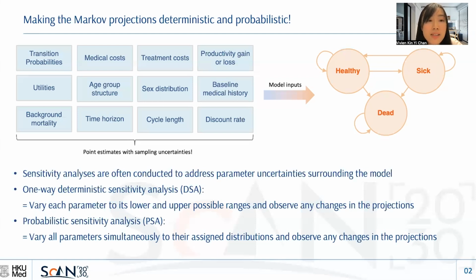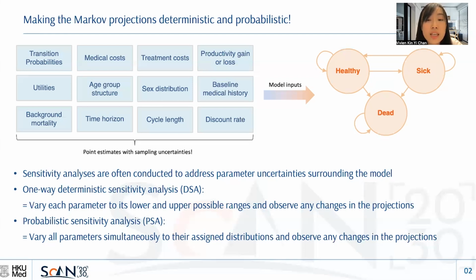A DSA means that we vary each input parameter to its lower and upper ranges, such as its 95% confidence interval or 20% variation, and then we report the possible difference in the projections.